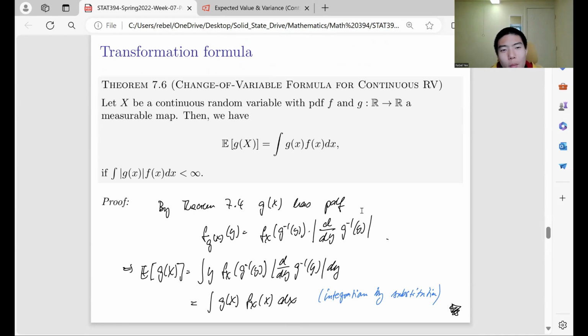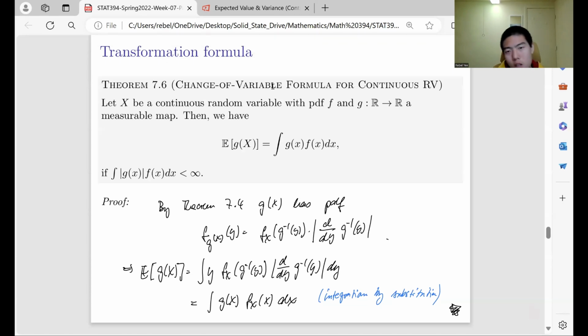So one interesting application of transformation in the expected value is the transformation formula. Remember in the expected value for discrete random variables, if g is a transformation, then g(x) times p(x), which is the PMF, summed up, is the expected value for the transformation g(x).